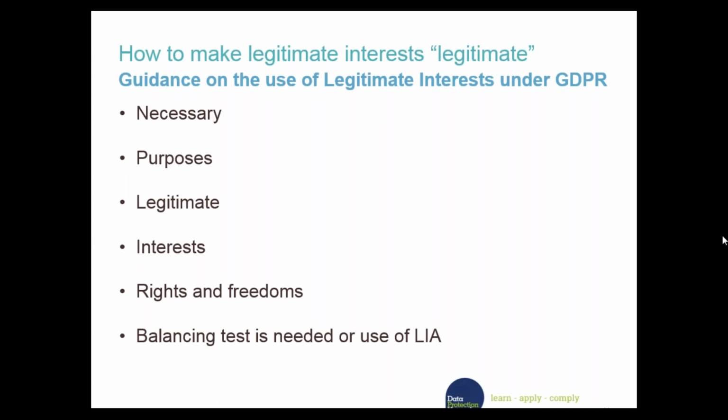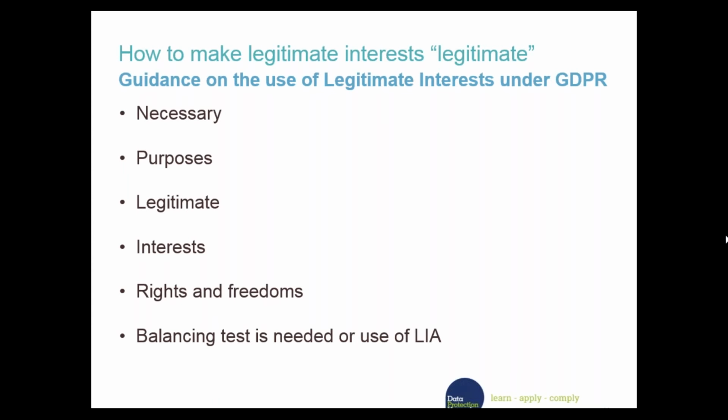And when we look at what GDPR is saying, there are basically a number of questions that the controller would need to ask itself. Is what we are doing with personal data strictly necessary? What are the purposes for which we are processing the data?